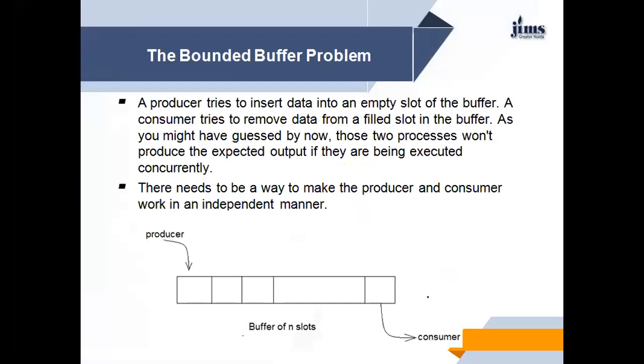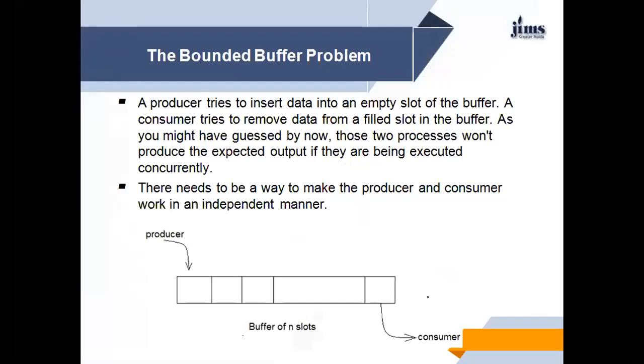We can interpret this code as the producer producing full buffer for the consumer, or as the consumer producing empty buffer for the producer. A producer tries to insert data into an empty slot of the buffer. A consumer tries to remove data from a filled slot in the buffer.